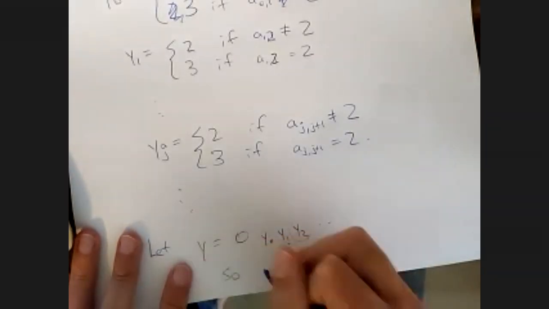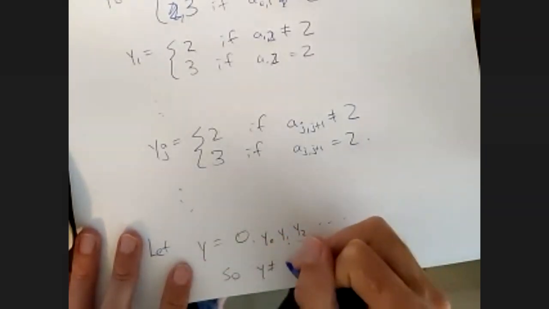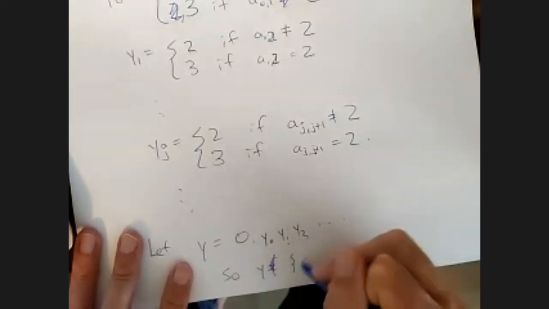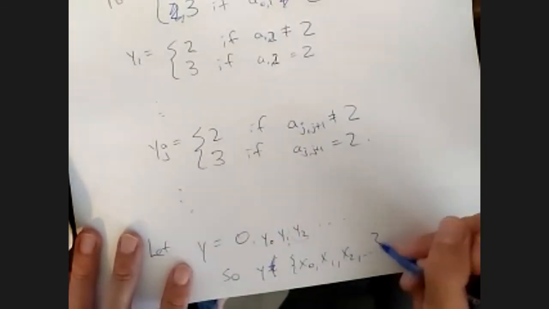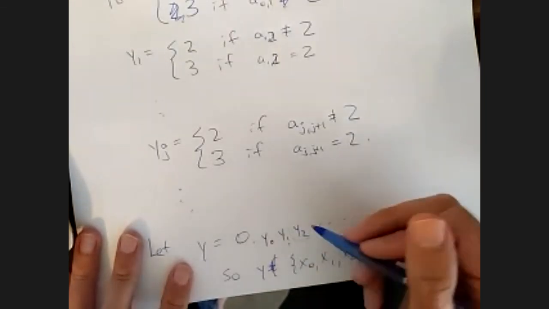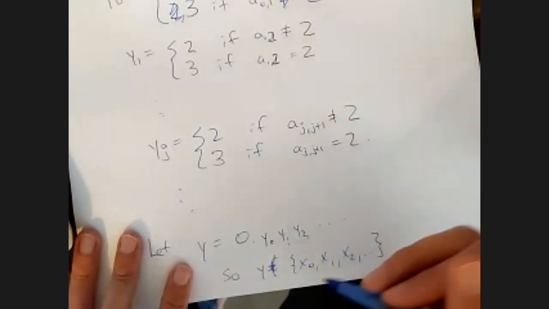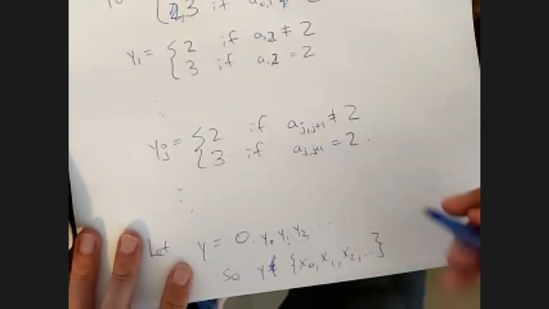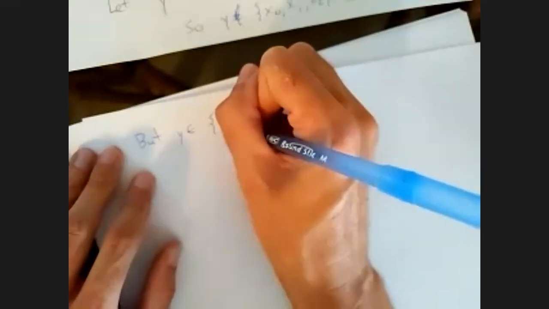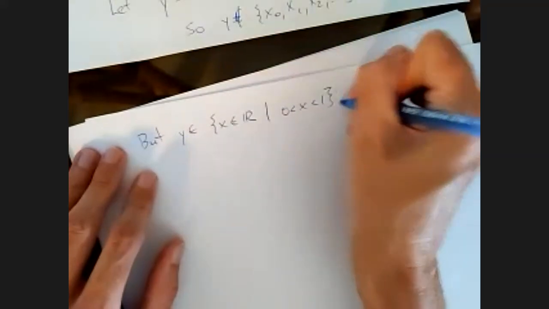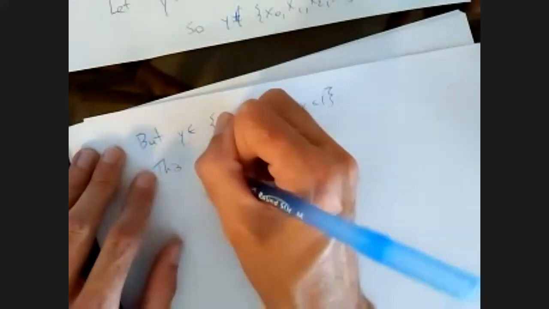Okay, so y is not x0, it's not x1, it's not x2, it's not any of them. But y is a real number between 0 and 1. So this is a contradiction.